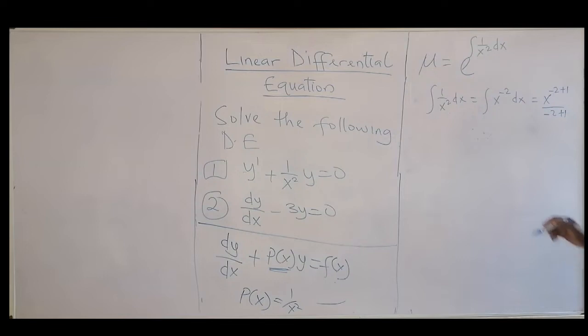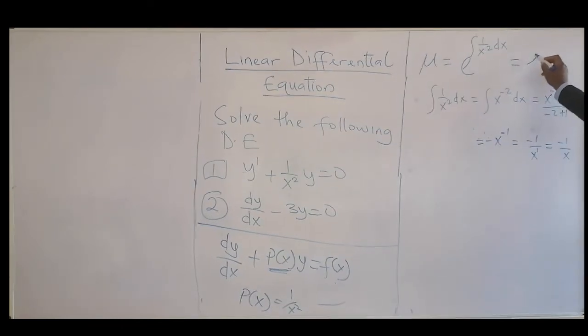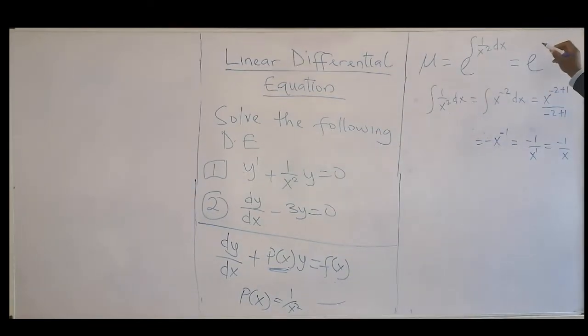If you do the integration, it will be x to the minus 1 over minus 1. So the minus will be here, which equals minus 1 over x to the power 1, which is equal to minus 1 over x. So this one will be e to the minus 1 over x. So that's that case.